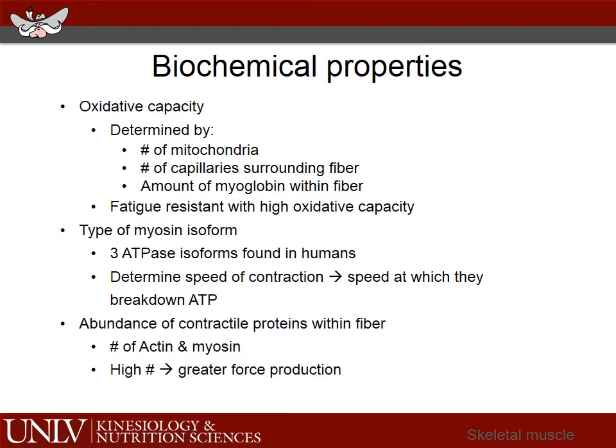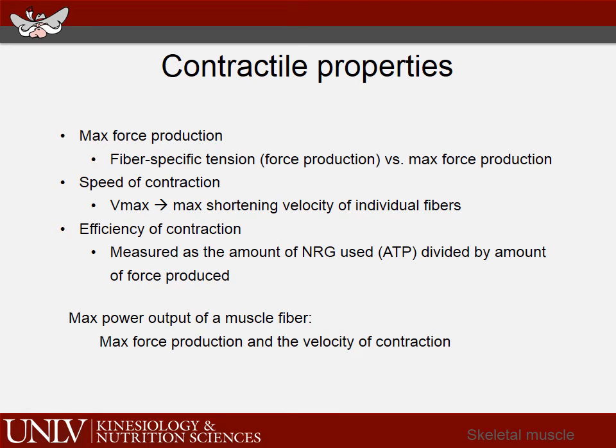The more interactions you have between actin and myosin, the greater amount of force you're going to be able to produce. It's the size principle. If I'm lifting a 5-pound weight versus a 25-pound weight, which one requires more actin and myosin to be engaged? Well, the 25-pound weight. So therefore, I'm producing more force. Sorry, I went a little fast there.